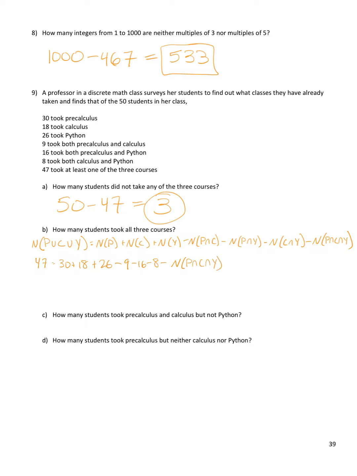And when I solve for the number in all 3, let's see, I get 47 equals 41 minus the number of students who took all three, which tells me the number who took all three would be 47 minus 41, which is 6.